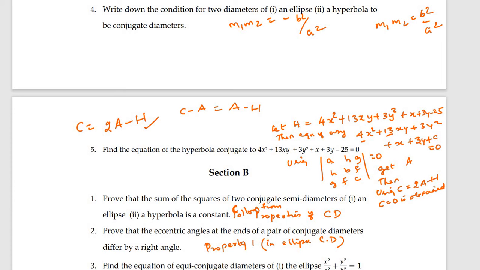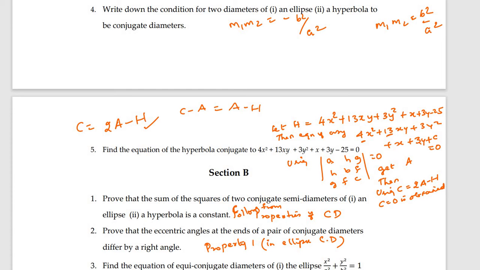So when you expand this out, you will get what that C is, and that will give the equation of the asymptote. You know the equation of the conjugate hyperbola, you know the equation of the asymptote from here. Make use of this, C is equal to 2A minus H, so that gives me the equation of the conjugate hyperbola.